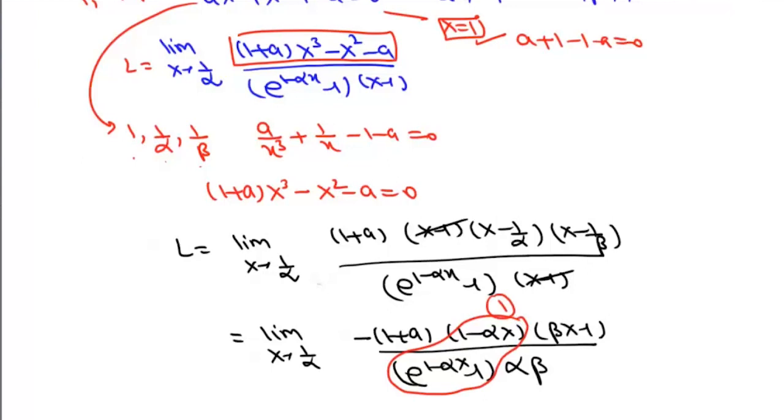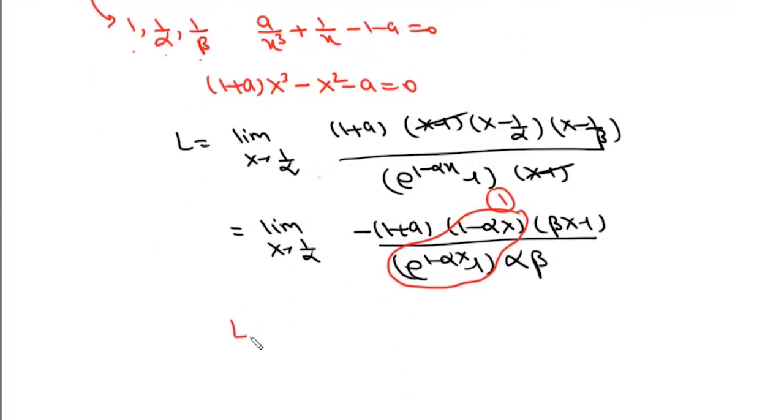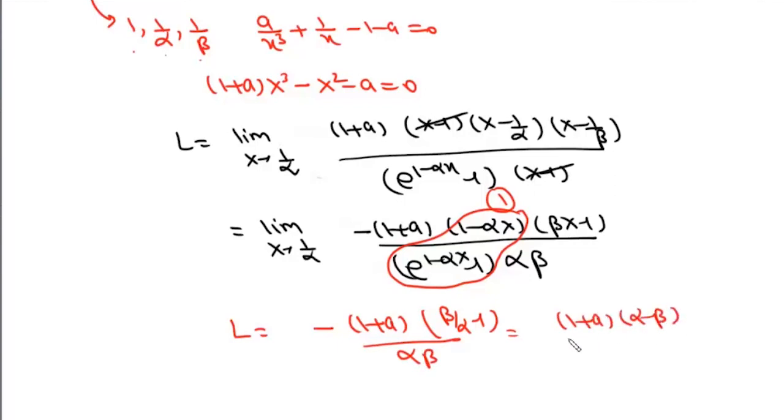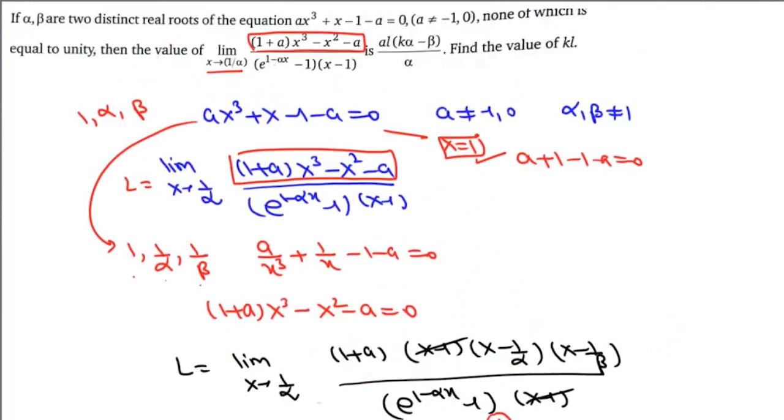We can write this limit L as minus 1 plus a beta upon alpha minus 1 upon alpha beta, or it is 1 plus a into alpha minus beta upon alpha square beta. So value of this limit is 1 plus a into alpha minus beta upon alpha square beta.